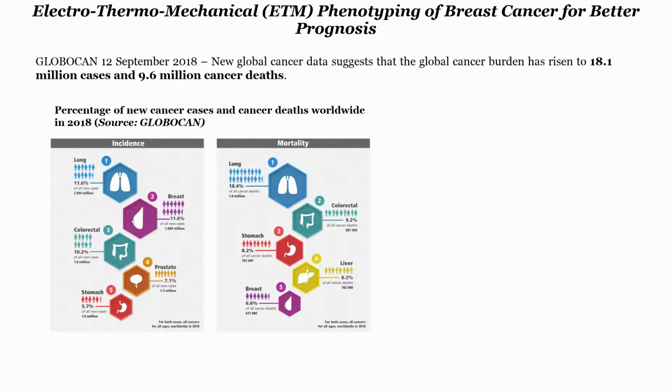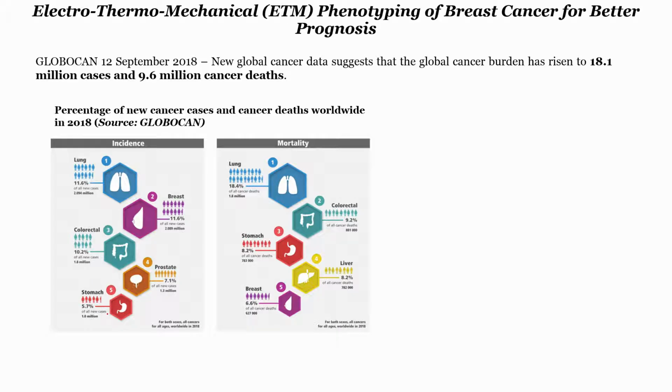You can see here the incidence of lung cancer is 11.6% of all new cases, about 2.094 million cases, whereas breast cancer is again close to 2.089 million cases, followed by colorectal cancer, which is about 10.2% or 1.8 million cases, then prostate cancer about 1.3 million cases, and stomach cancer about 1 million cases.